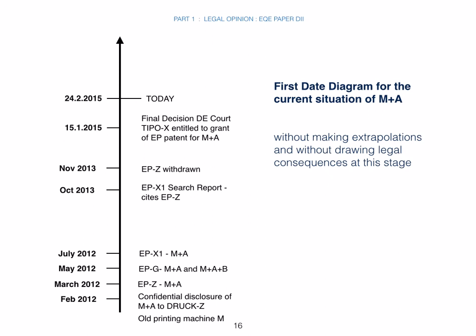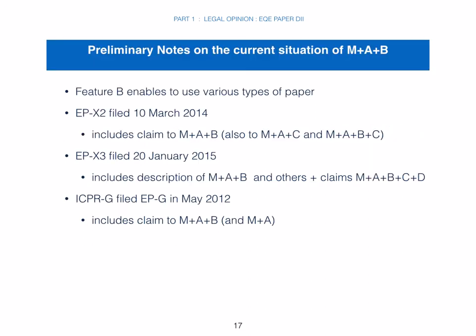Next, we turn to M plus A plus B. Here are the preliminary notes on the current situation. Feature B enables the use of various types of paper.